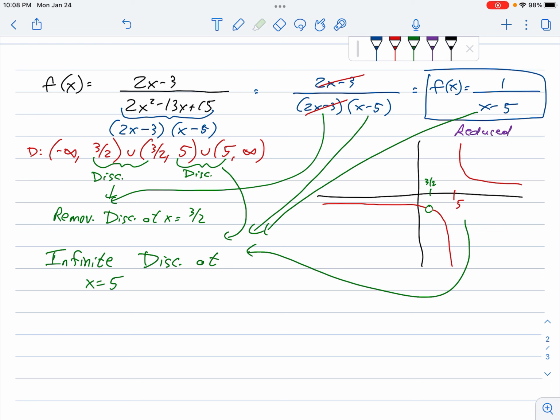We also call infinite discontinuities, they are the same thing, renamed, a different name, called a vertical, which we see here. And the name for the bending away, asymptote at x equals 5. So an infinite discontinuity is a vertical asymptote.